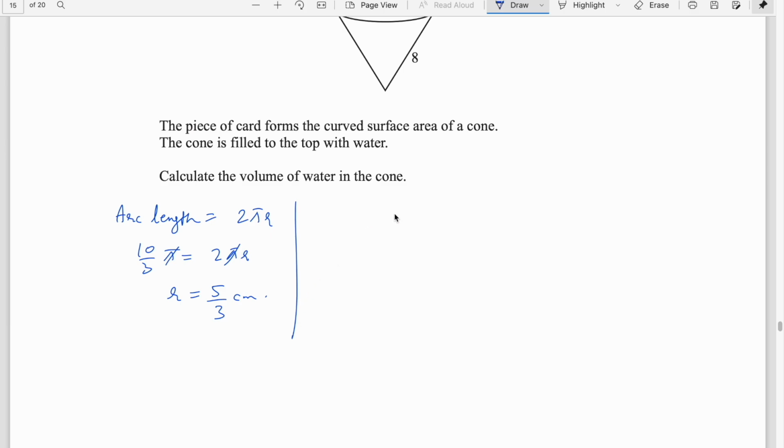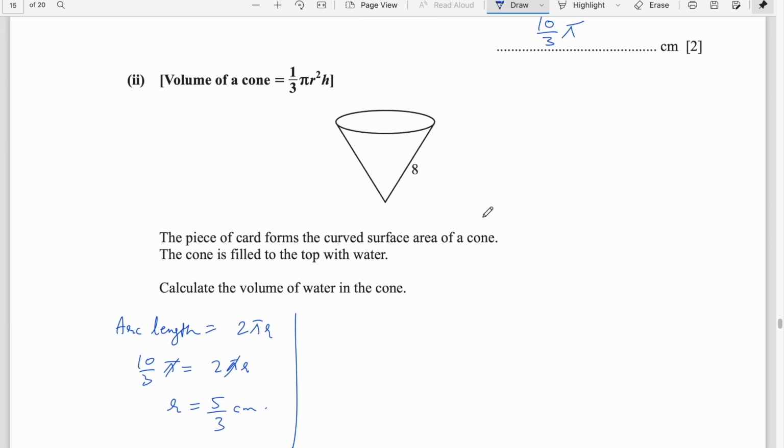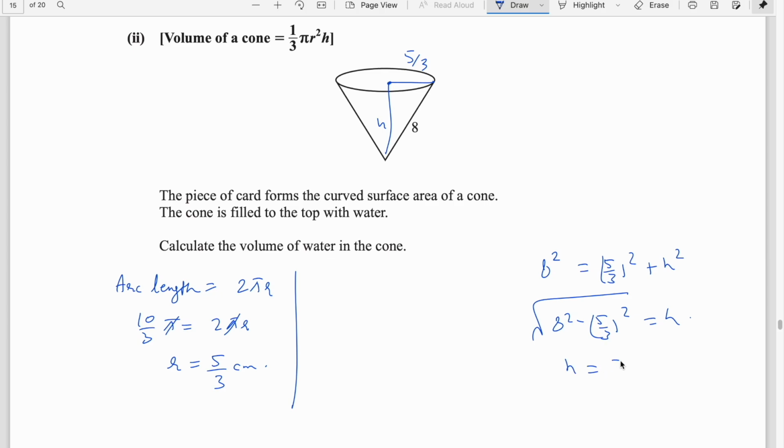And so for the volume we also need the height. If we have this radius which is 5 by 3, then using Pythagoras theorem, 8 squared is equal to 5 by 3 squared plus h squared. So the square root of 8 squared minus 5 by 3 whole squared equals h, and height comes out to be 7.82 centimeters.